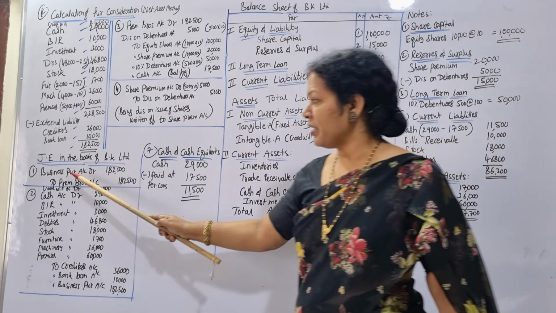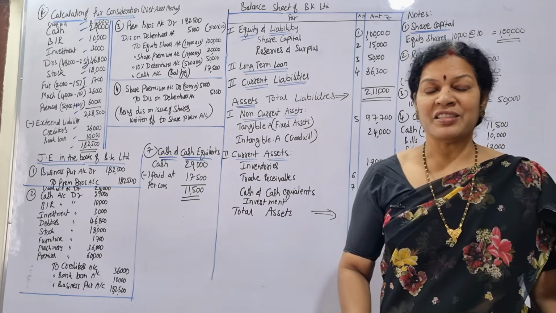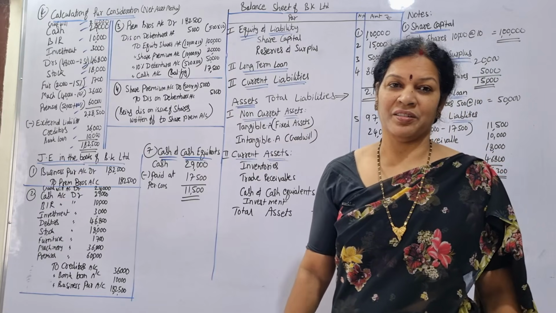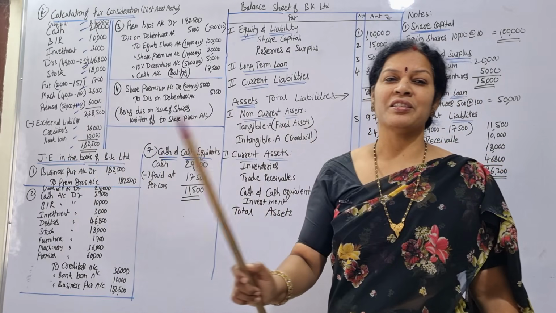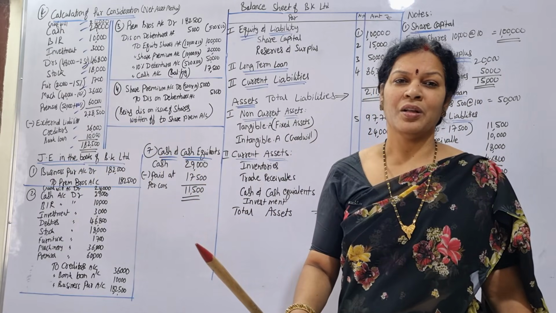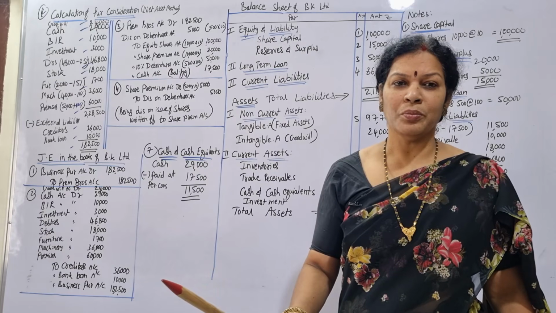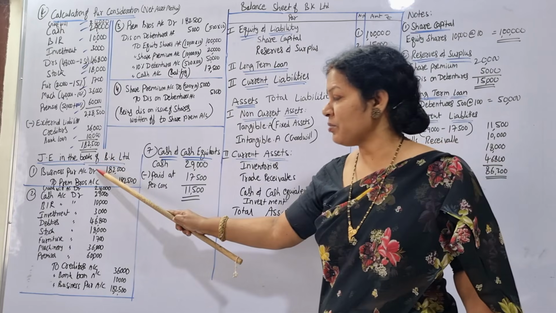Next, the second one: assets and liabilities taken over. The entry is various assets accounts debit to liabilities and business purchase.